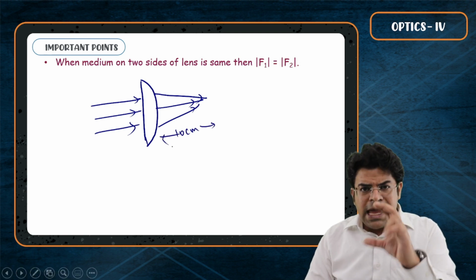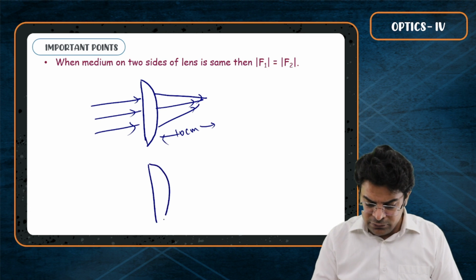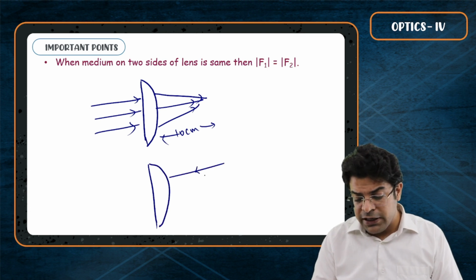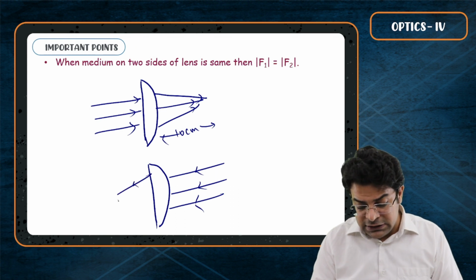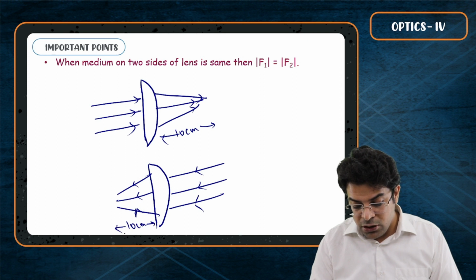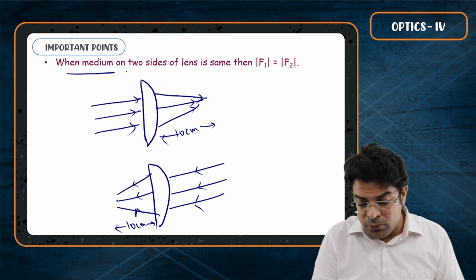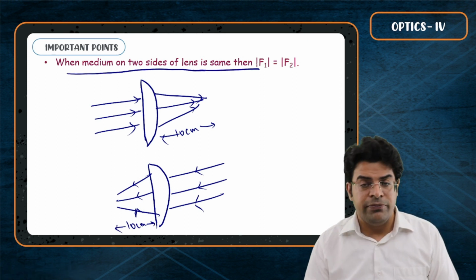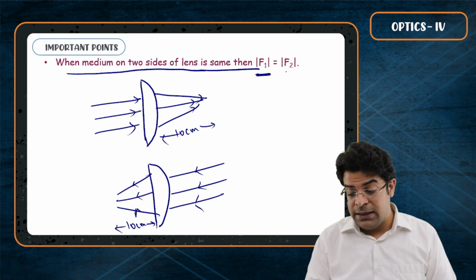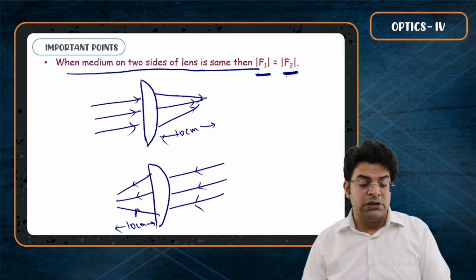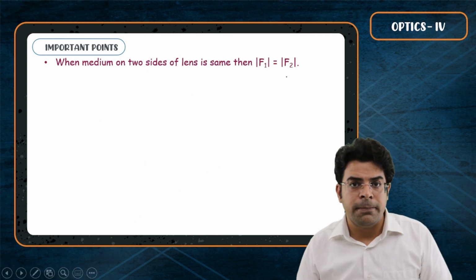Then on the same plano-convex lens, if you hit parallel rays from the other side, they will converge at the same distance of 10 centimeter on this side. So when the medium on both sides of the lens is the same, the distance of the first principal focus is the same as the distance of the second principal focus. This is what the statement says.